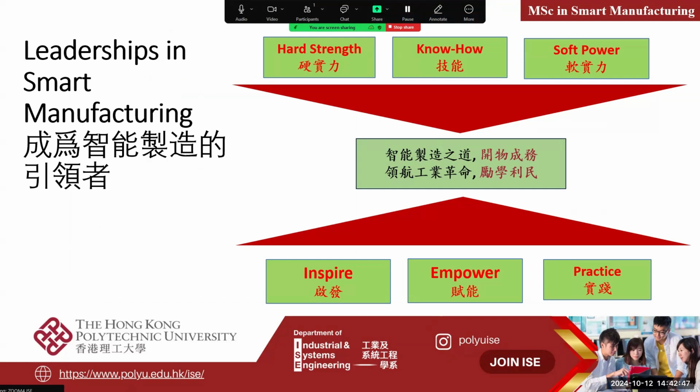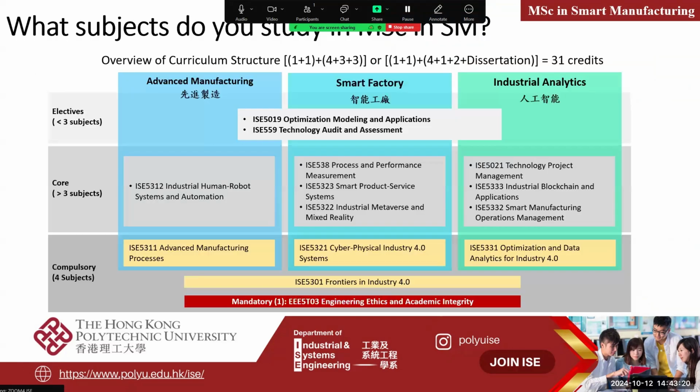We want you to be inspired and empowered, and through practice to support manufacturing. It is also the university's guideline, 开物成物力学利民. We need to use manufacturing to lead the whole industry, and we expect students, after the program, to have hard strengths and know-how, and also the soft powers used in the manufacturing industry.